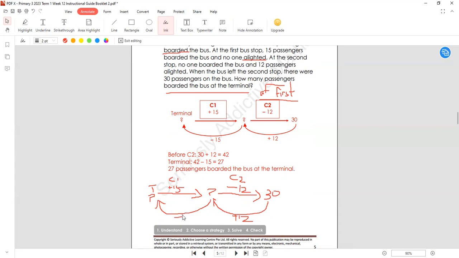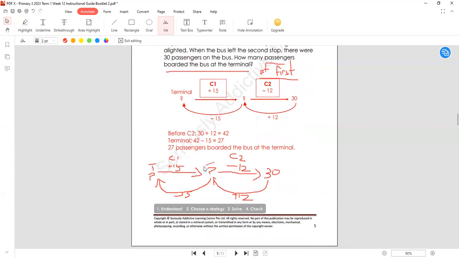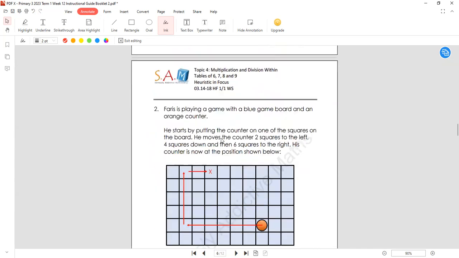If it's plus 15, it becomes minus 15. Okay, so they have to find the first question mark, right? That would be 30 plus 12 equals 42. And then after that, they have to find the last question mark, right? Because it's minus, right? So 42 minus 15 equals 27. Okay, then write the answers, right? And make sure that they write the equation as well.